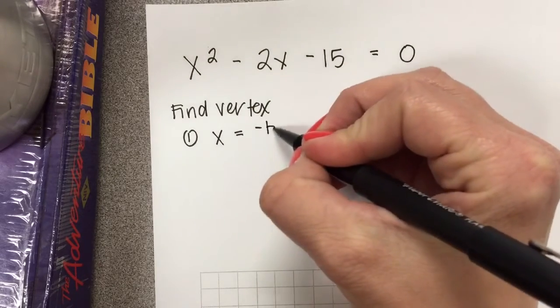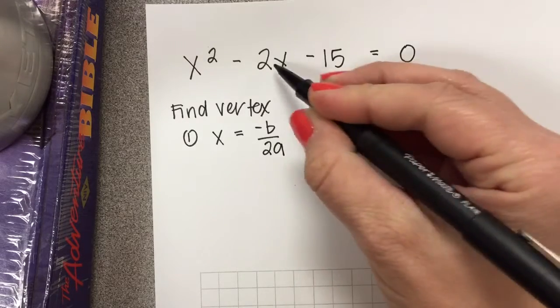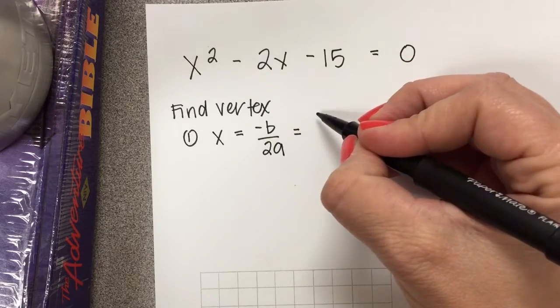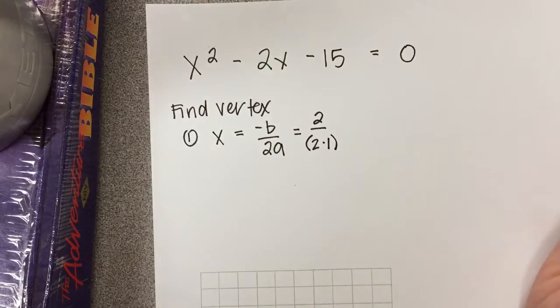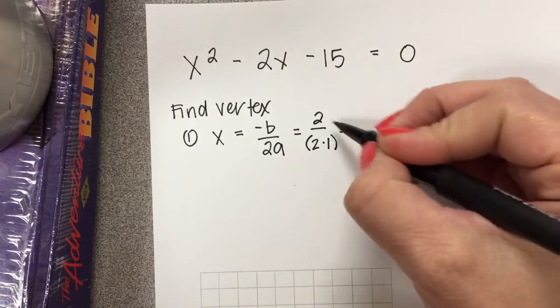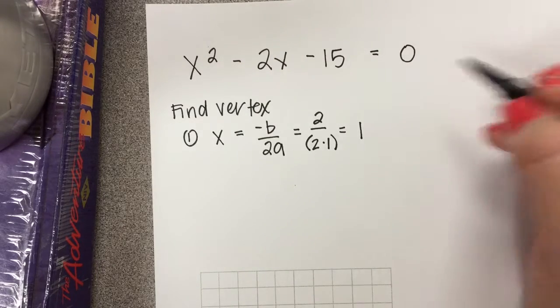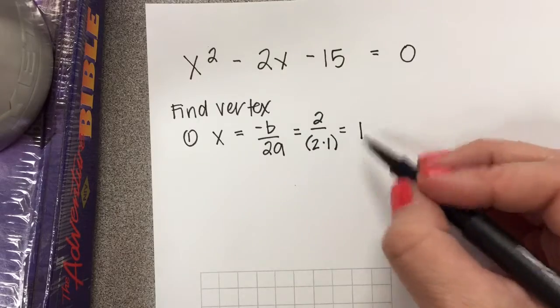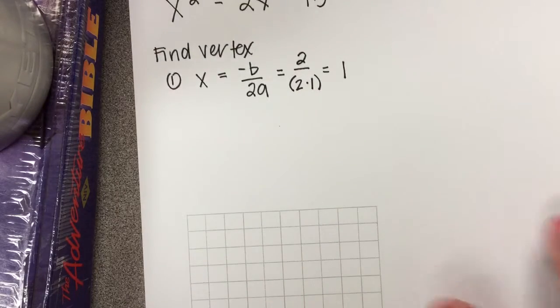The x value is going to be negative b over 2 times a. So here, negative negative 2 is 2, over 2 times 1, so 2 over 2 is 1. That means the vertex has an x value of 1, so the axis of symmetry is 1.